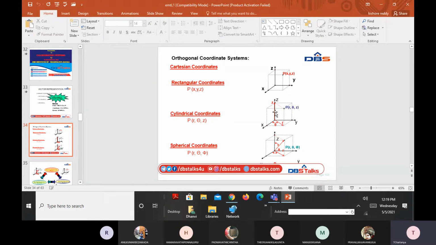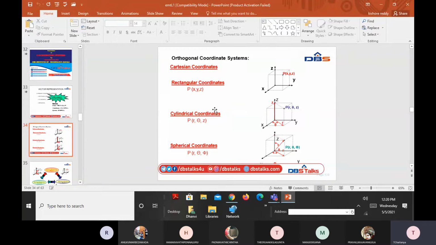z indicates the length along the z-axis, and theta is the angle between the radius r and the x-axis, which we can see in the diagram.